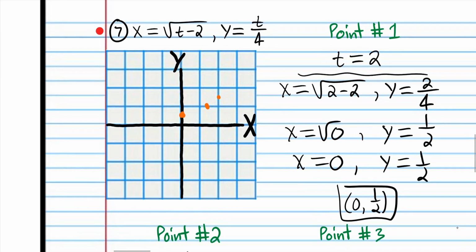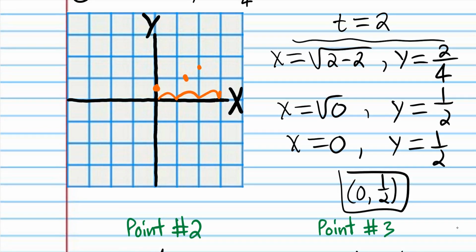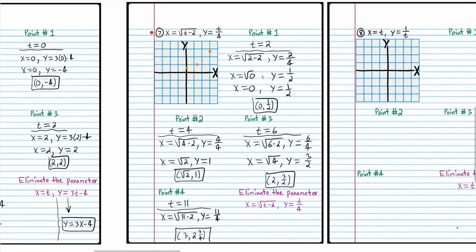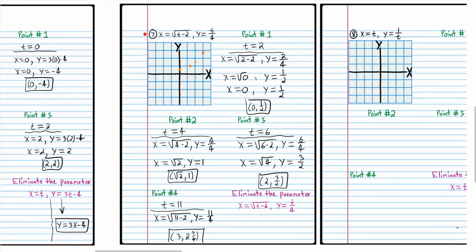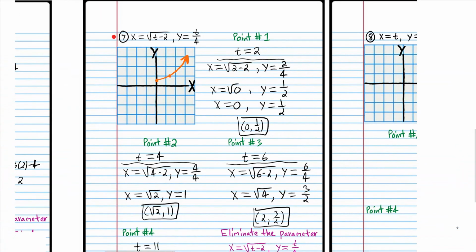So 3, 2 and 3/4. 1, 2, 3, and then 2 and 3/4. So it's that point there. Okay, that looks right. So now we just connect the dots and we have our graph.